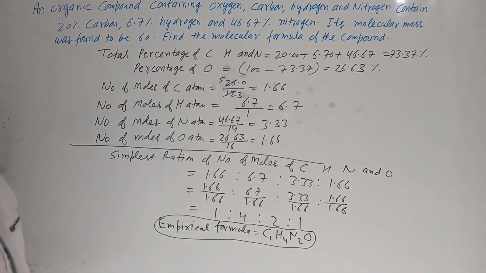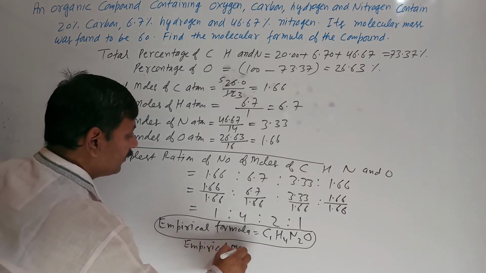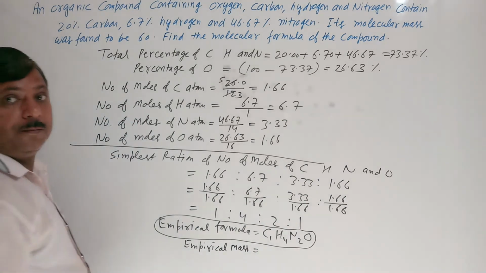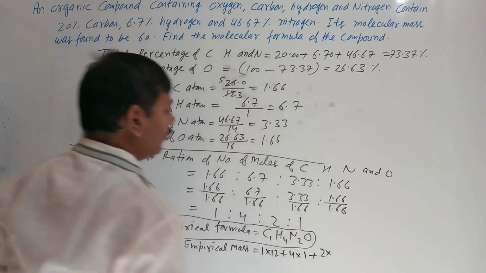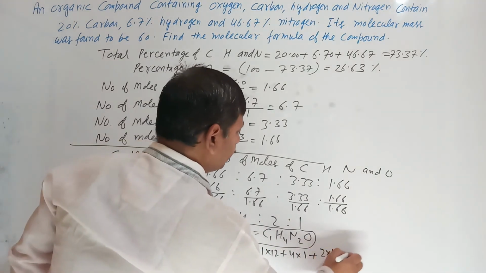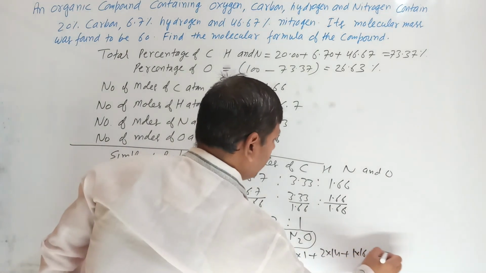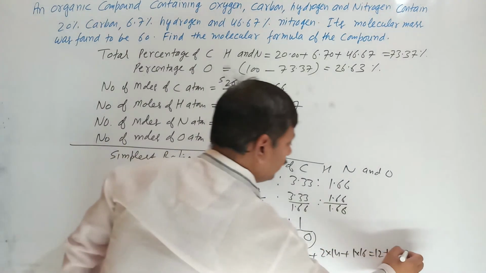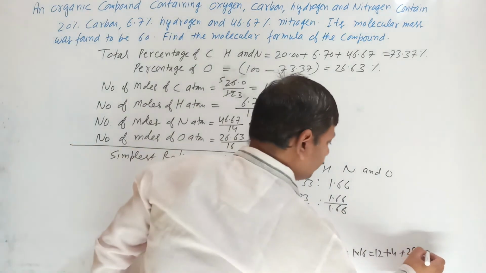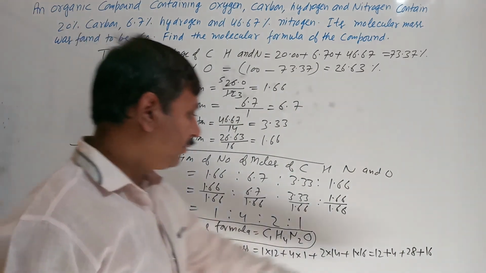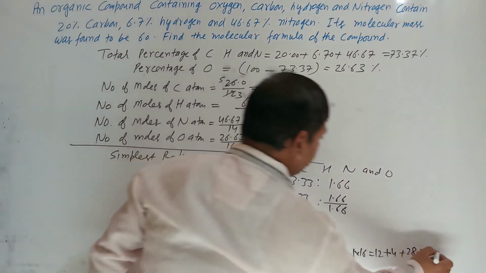What will be the empirical mass? 1 into 12, 4 into 1, 2 into 14 plus 1 into 16. So 12 plus 4 plus 28 plus 16. 16 and 4 is 20, and 20. This comes to 60.